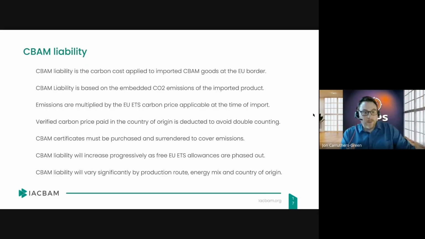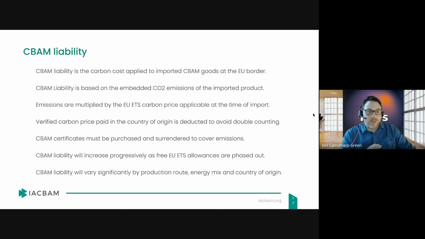So just to recap, this liability is supposed to cover the entire carbon embedded within CBAM goods as they're imported into the EU border. I say CBAM goods because iron and steel is currently one of those. But the Commission has also set out a proposal for extending CBAM to more products. I'll go into that in a little bit more detail later on though.